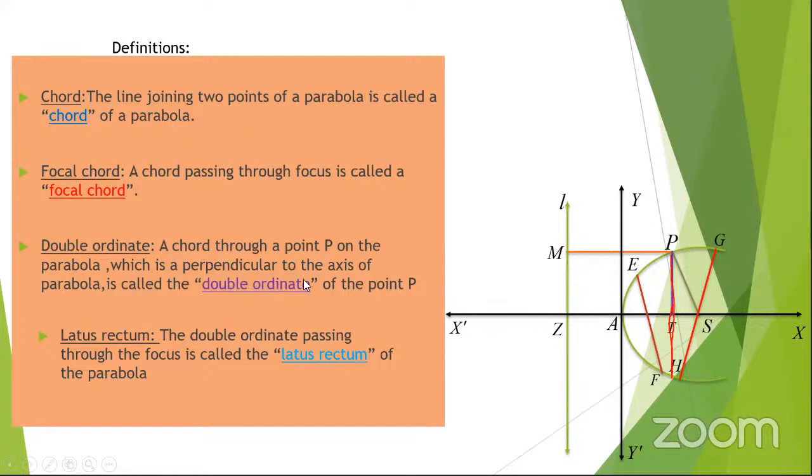A double ordinate is a chord which is perpendicular to the axis of the parabola. See here, children. Suppose we have PH as a double ordinate, then PH will be perpendicular to the axis. This is the criterion needed for the double ordinate.